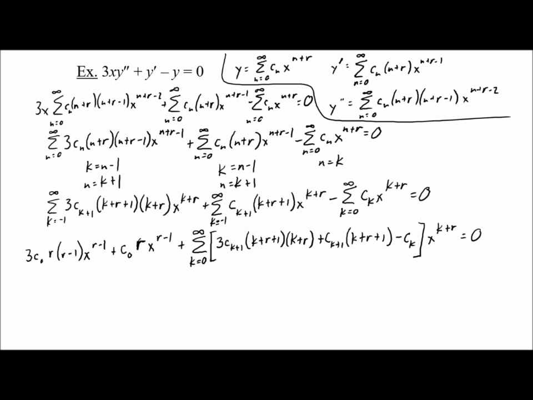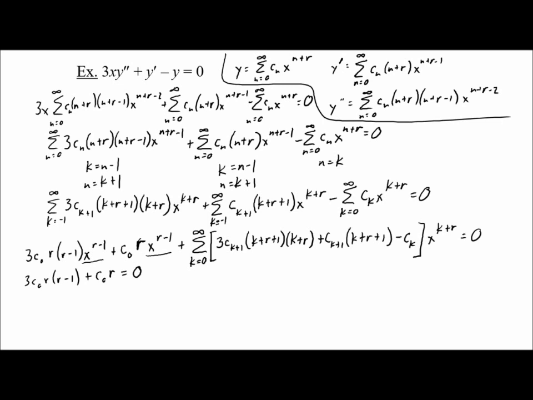Let's look on the left side, the first two terms there. Notice that these are like terms. Now remember, when we talk about like terms, we mean terms that have x raised to the same power. These both have x raised to the r minus 1 power. So I can combine the coefficients. When I combine those like terms, the coefficient will be 3c0 times r times (r minus 1), plus c0 times r.